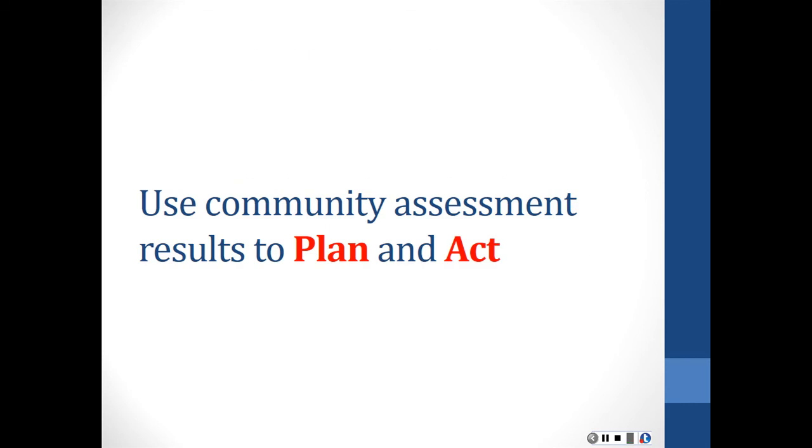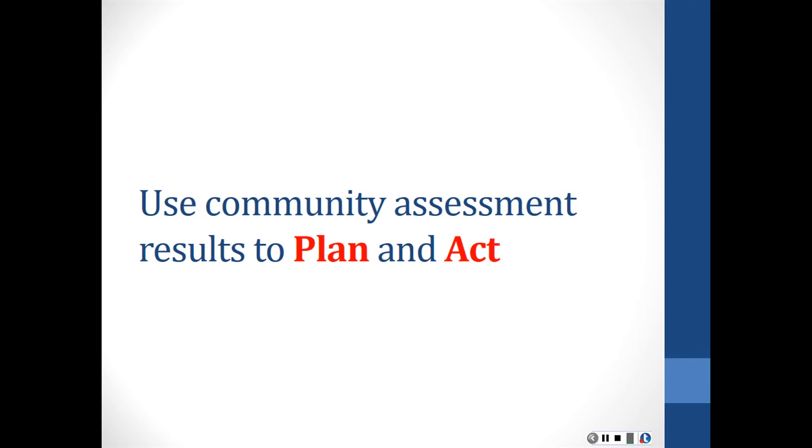So again, once we've assessed a community, we've looked at the asset maps, we've identified problems and solutions to problems. This is no different than what we do with an individual. Once we complete that individual assessment, then we're creating a plan to solve that problem, address the problem, implement a solution, and then we're acting on the plan.